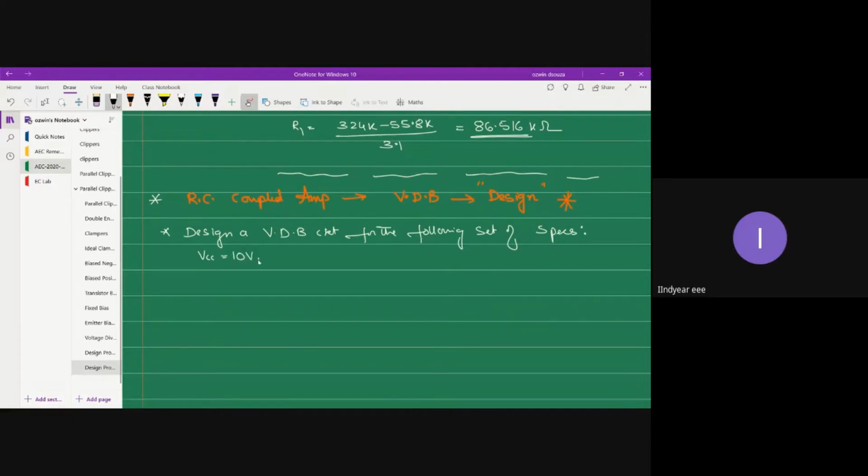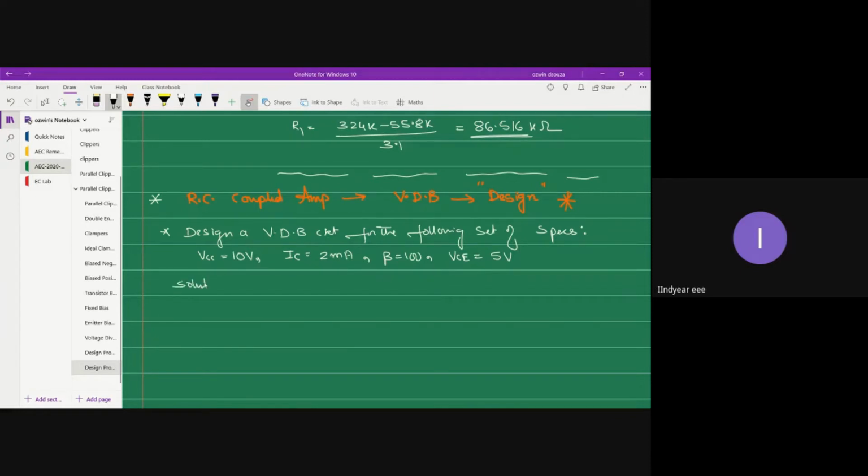VCC is 10 volts, IC is 2 milliampere, beta is 100, and VC is 5 volts. That's all that is given. So you don't know what R1, R2, RC, RE are. Nothing is given. Only four particulars have been given: VCC, IC, beta, and VC.